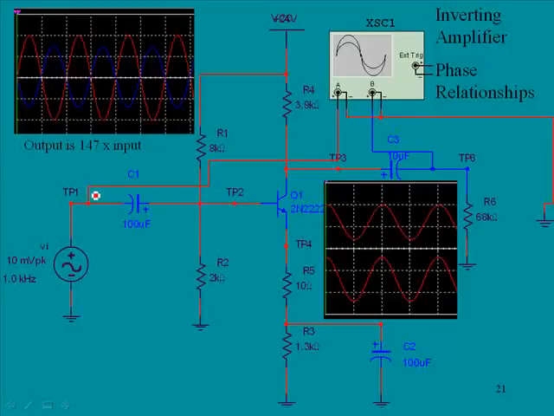The red sine wave here is the input. Now, note in the O-scope capture it looks like the output is larger than the input, but actually the output is 147 times larger than the input. But again, the important thing is that they are out of phase with each other.